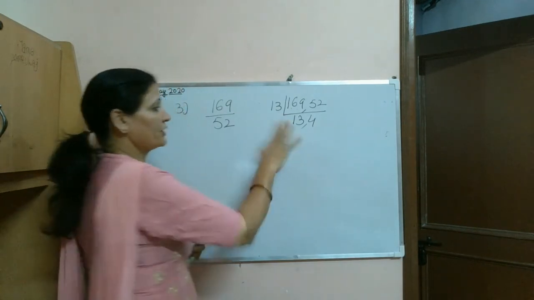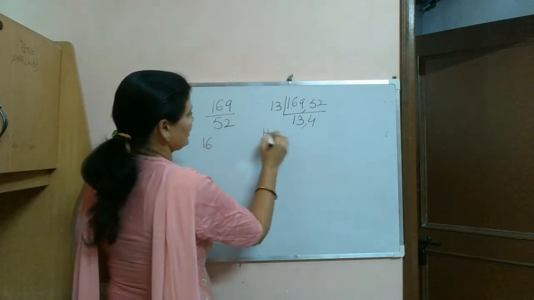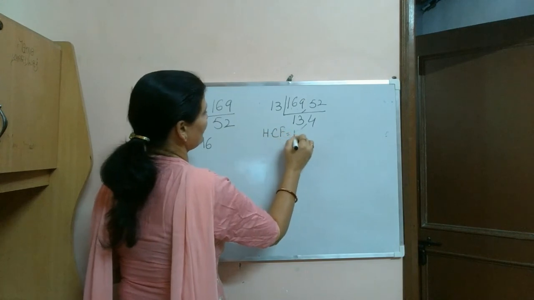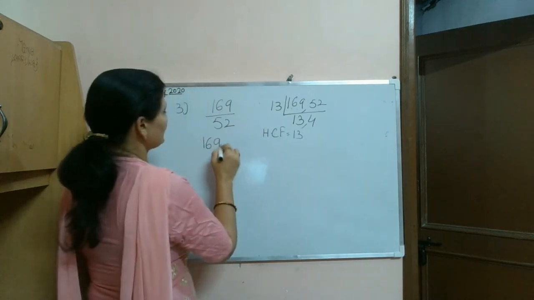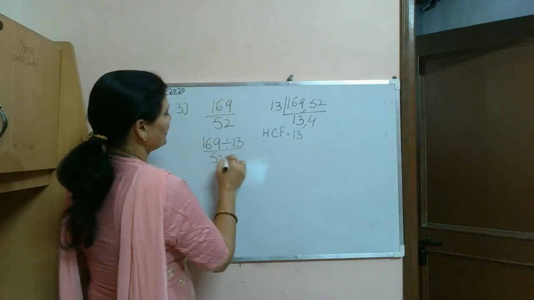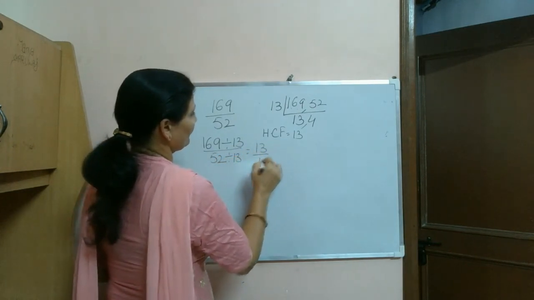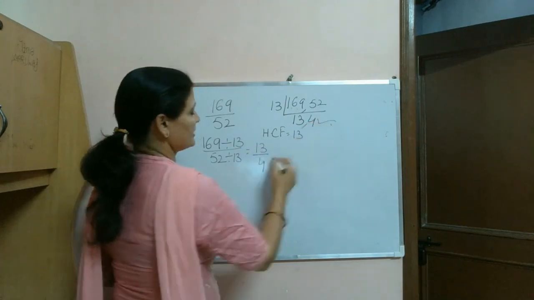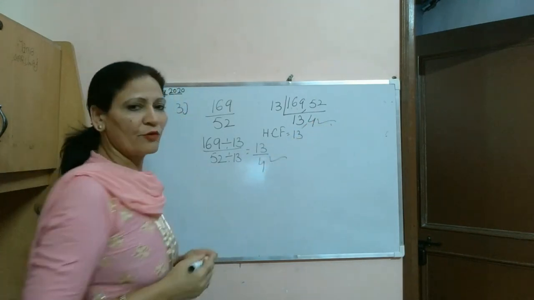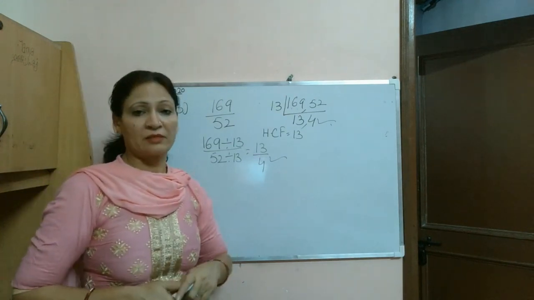So left here now 169, HCF. What is the HCF? HCF is 13. 169 divided by 13 and 52 divided by 13 gives 13 upon 4. What is the answer? 13 upon 4 is the reduced fraction by the HCF method.